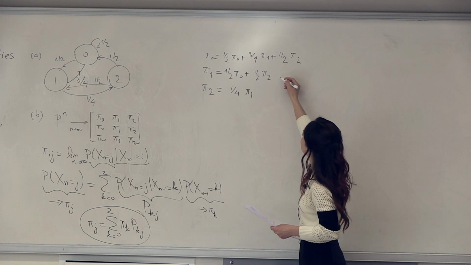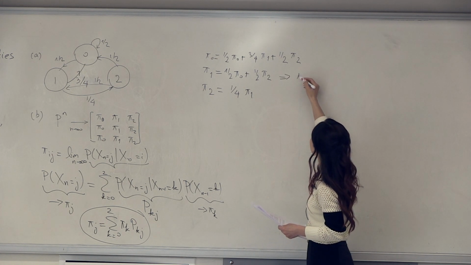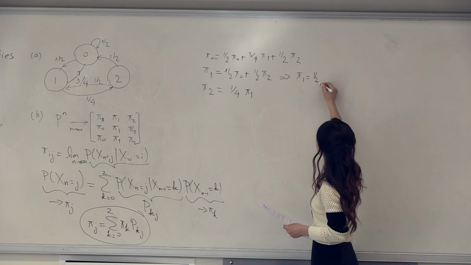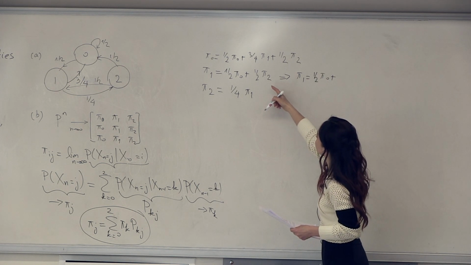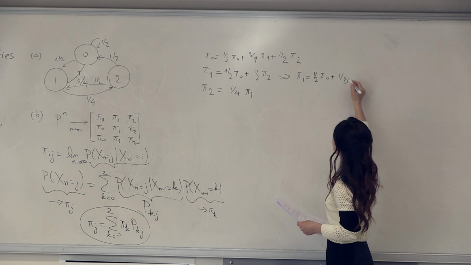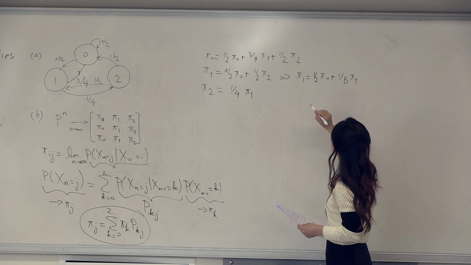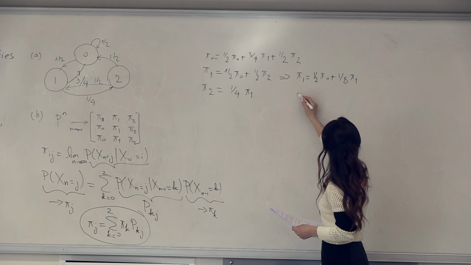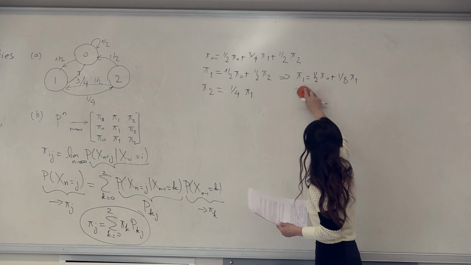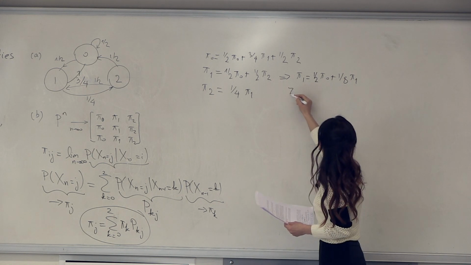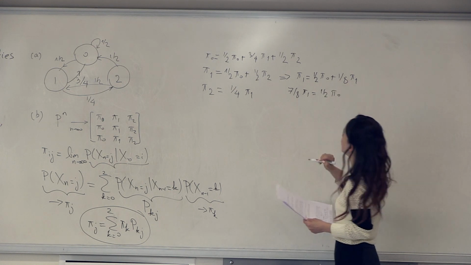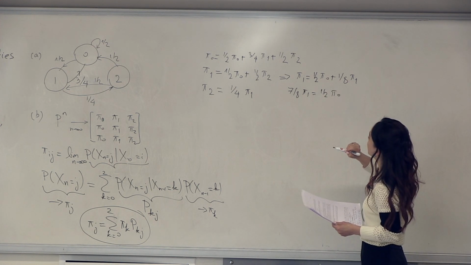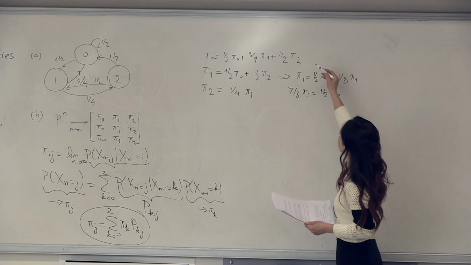We can use it in this equation to conclude that pi 1 is equal to 1 over 2 pi 0 plus 1 over 8 pi 1. That gives us 7 over 8 pi 1 is equal to 1/2 pi 0. Now put it in this equation.